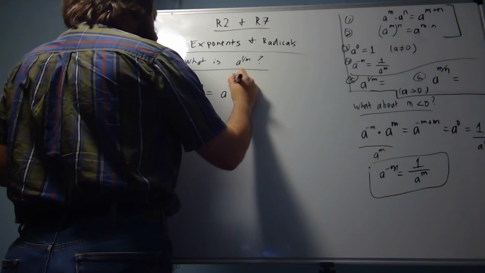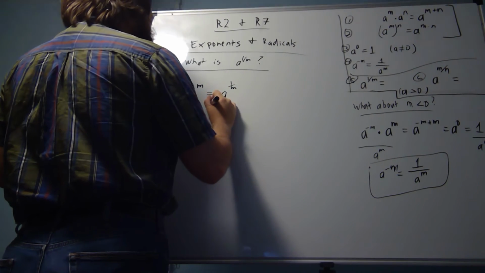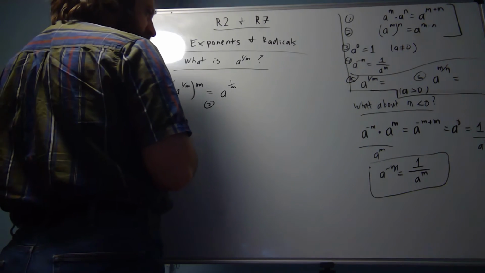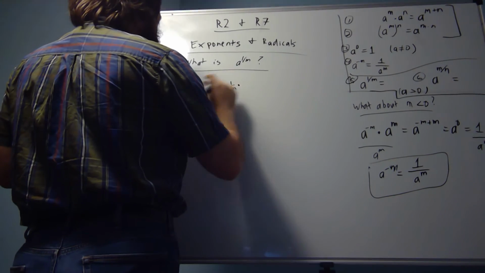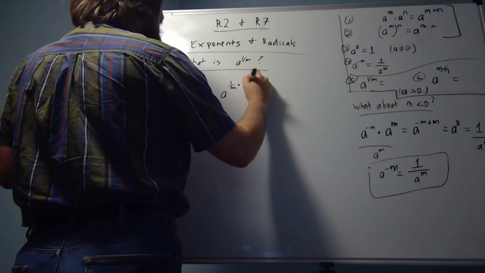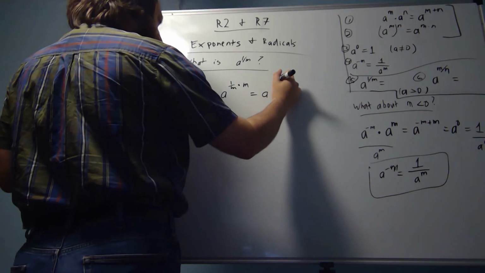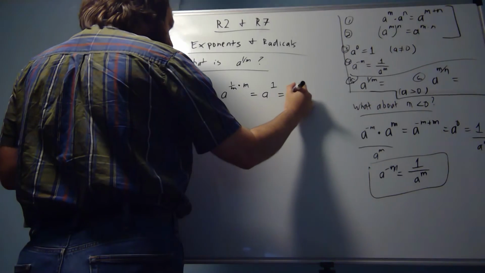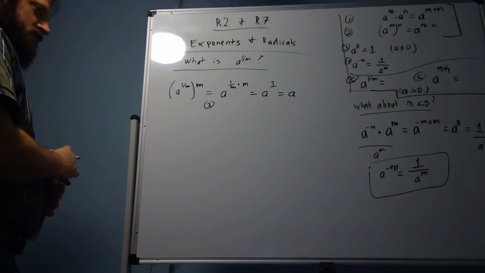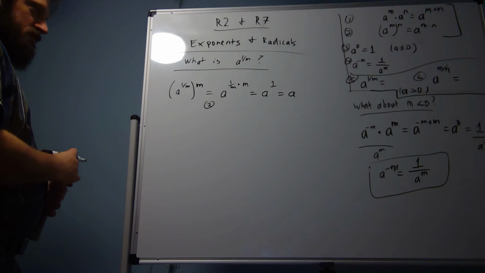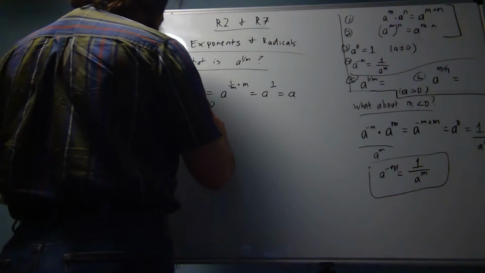So identity number 2 is what's going to help us out here. So we just multiply those 2 exponents, and what happens in the exponent? The exponent is 1, so it's just a.